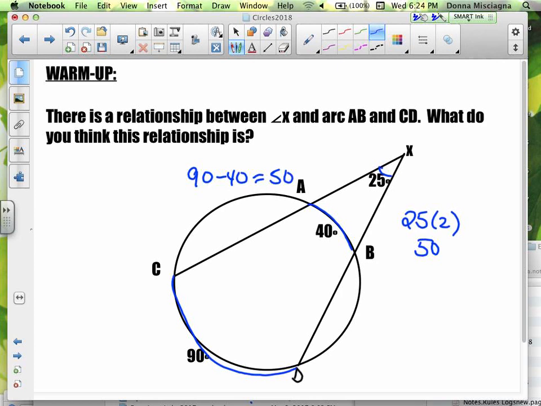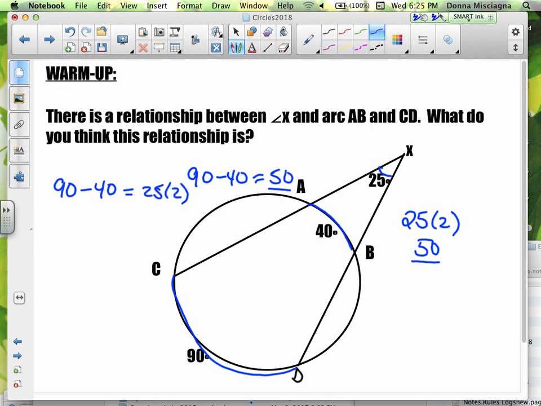Well, that would give me 50. Maybe I could put that together. I've got the difference of the arcs, and I've got the angle times 2. They both equal 50. So gee, if they both equal 50, that would mean that 90 minus 40 equals 25 times 2.